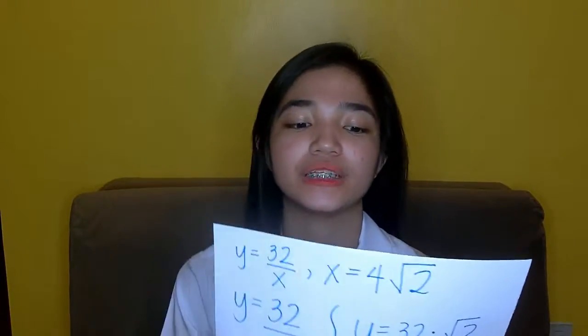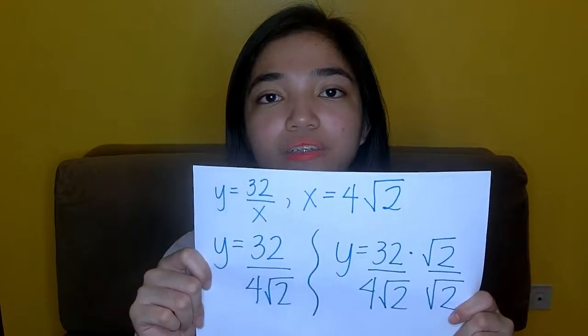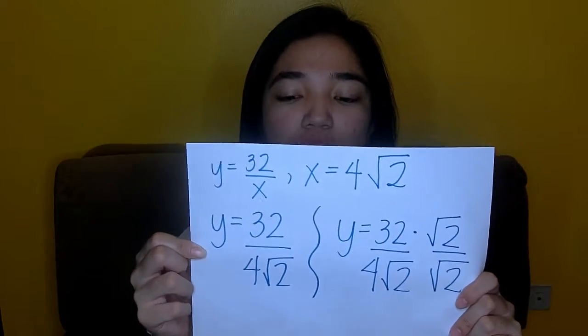To find the first value of y, we substitute the first value of x, which is 4 square root of 2. Substituting x into y, y equals 32 over 4 square root of 2.